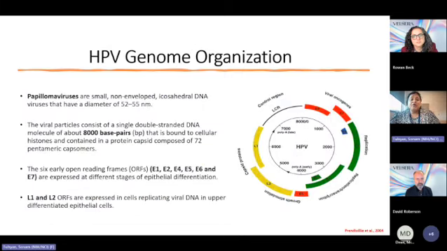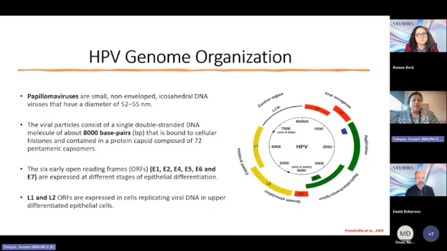A brief introduction of the HPV genome. Papillomaviruses are small, non-enveloped DNA viruses that have a diameter of 52 to 55 nanometers. These viral particles contain a single double-stranded DNA molecule of 8,000 base pairs, which is bound to cellular histones, and these are contained in a protein capsid composed of 72 pentameric capsomers.